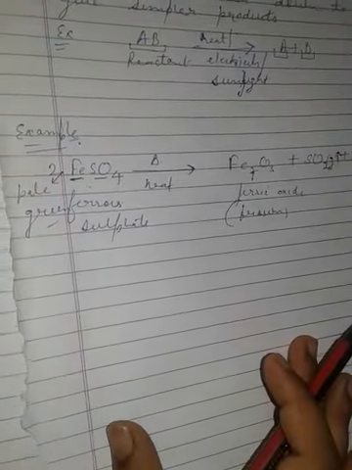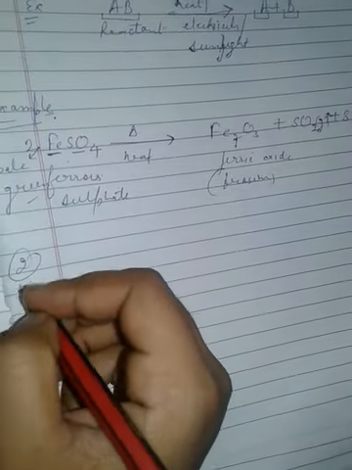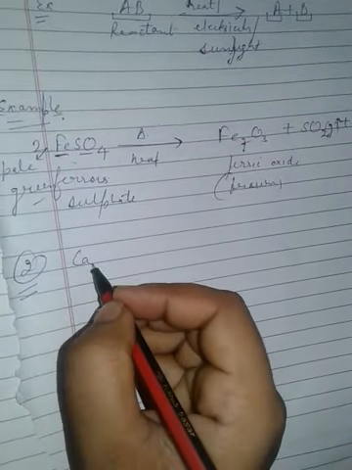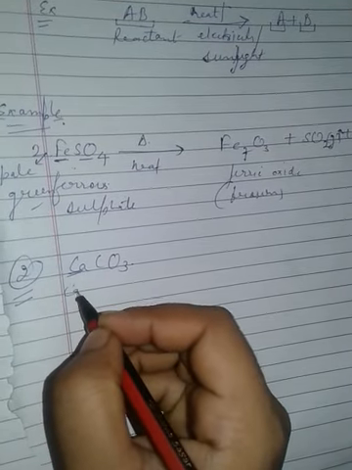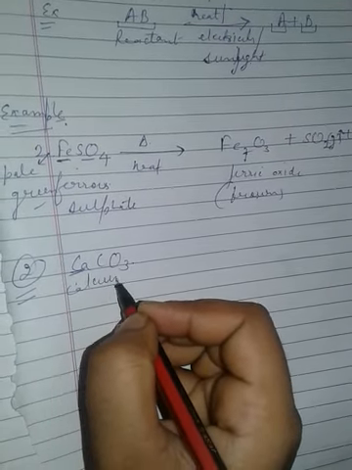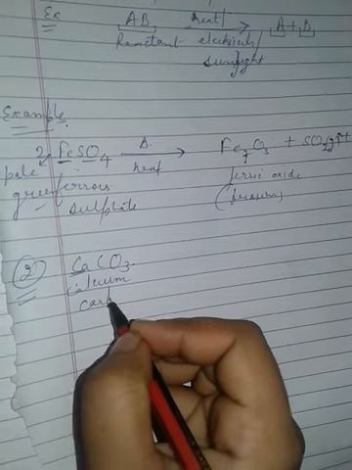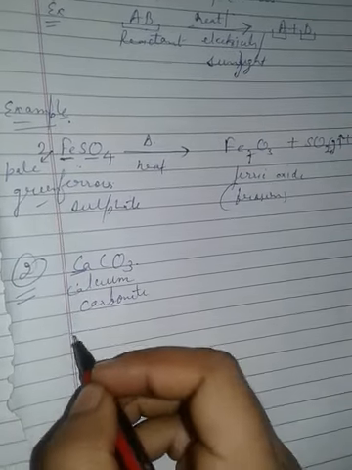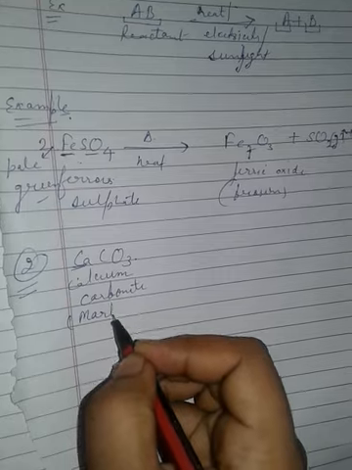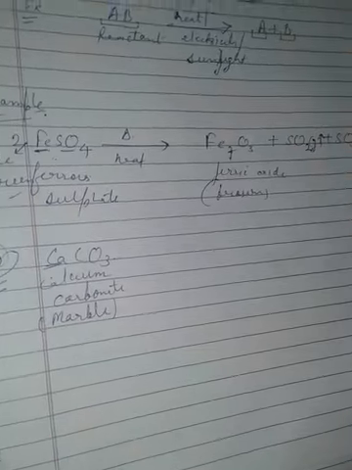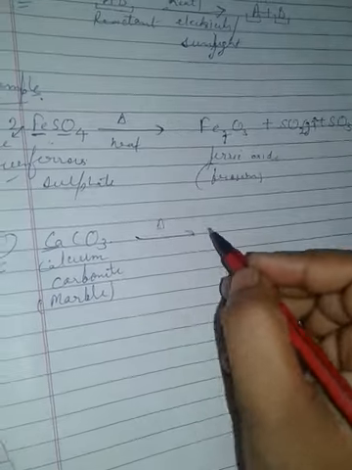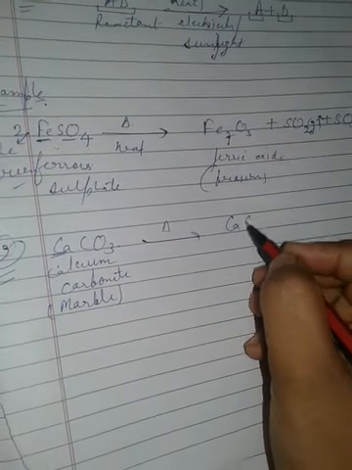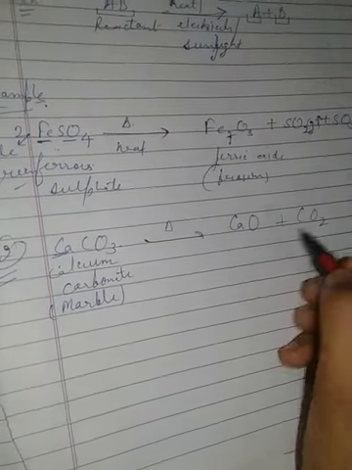The second example, which is very common, is the decomposition of calcium carbonate. Ca means calcium and CO3 is carbonate. It is usually found in marbles or stones which we use at our home. On heating it excessively, it will break down to give simpler products, calcium oxide plus carbon dioxide.